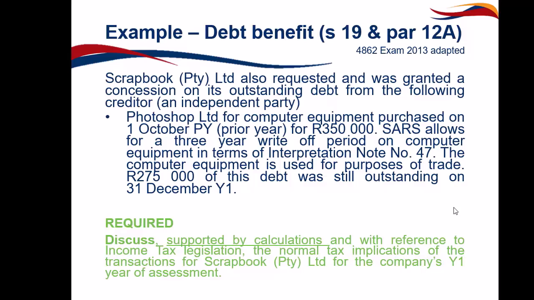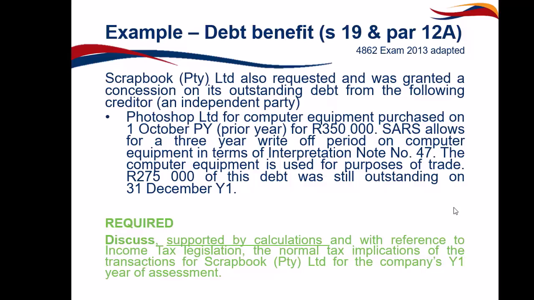Photoshop Limited for a computer equipment purchased on 1 October of the previous year for 350,000. SARS allows for a 3-year write-off period on computer equipment in terms of interpretation note 47. The computer equipment is used for the purposes of trade. 275,000 of this debt was still outstanding at the end of the current year of assessment.